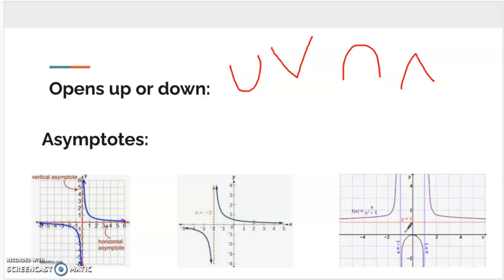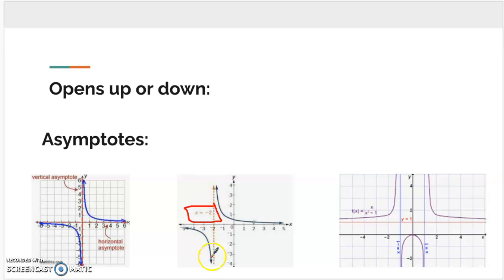So linear, quadratic, cubic, square root, absolute value, those don't have asymptotes and will never have asymptotes. Again, rationals, exponentials, and trig functions are the main ones that have asymptotes. Those asymptotes are written as a straight line. So again, x equals -2, or y equals 1, or x equals 1.